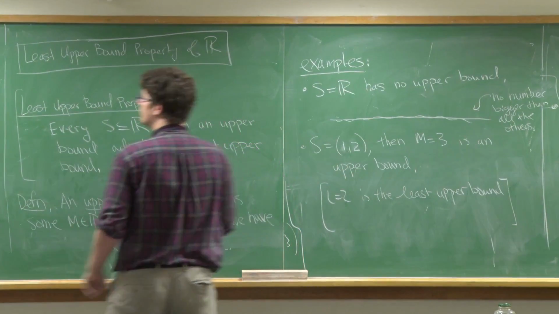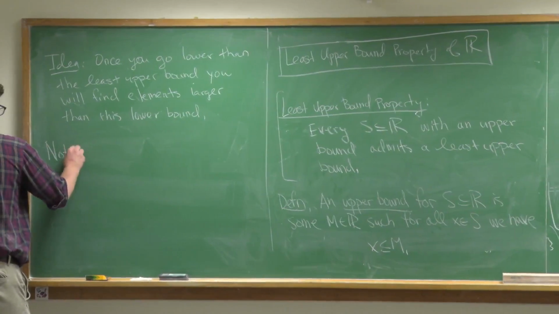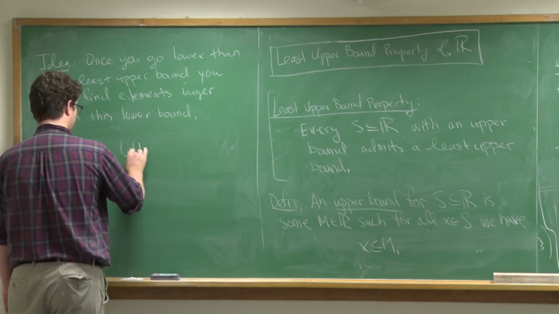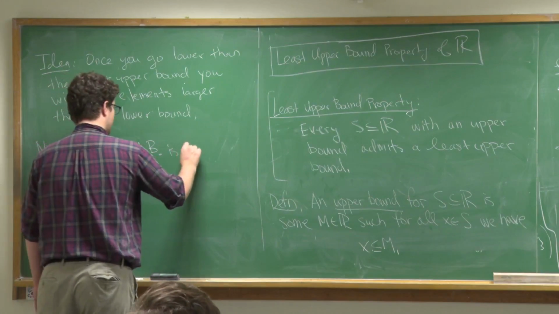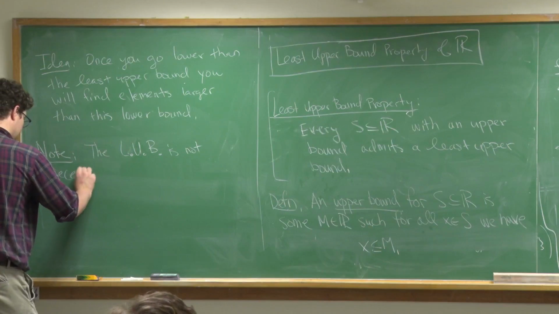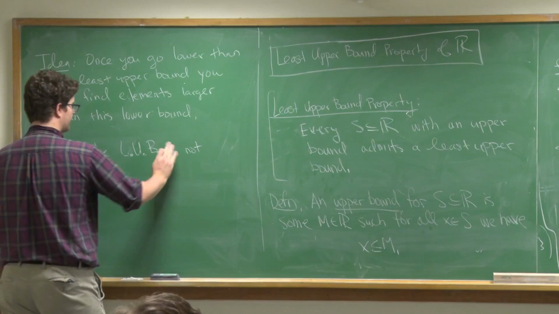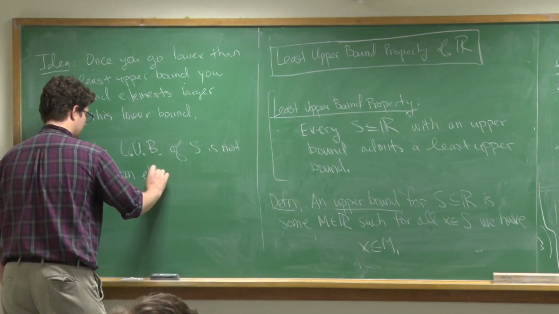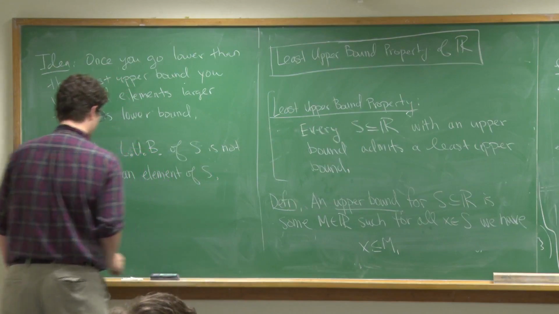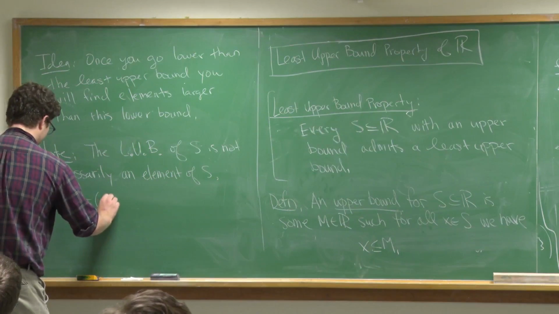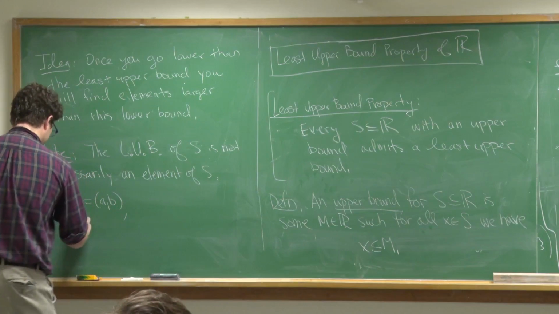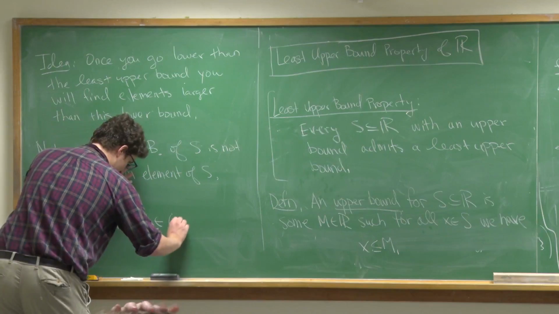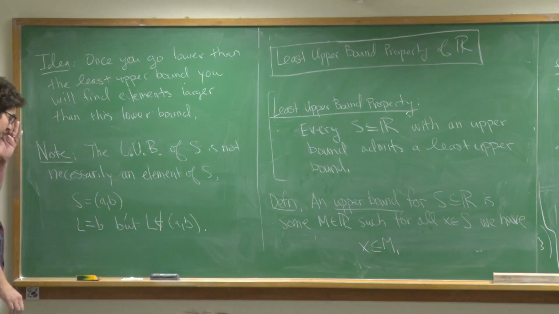The least upper bound of S is not necessarily an element of S. For S equal to this interval (a, b), L is equal to b, but L is not an element of (a, b).